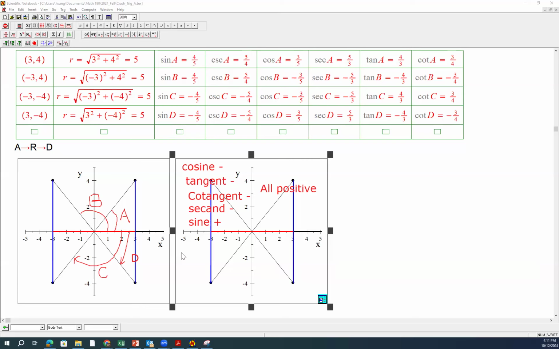So in this quadrant, sine and cosine are both negative, cosecant and secant are both negative, and tangent is positive. All right. So in the fourth quadrant, sine continues to be negative, cosine is positive, and tangent and cotangent are negative.